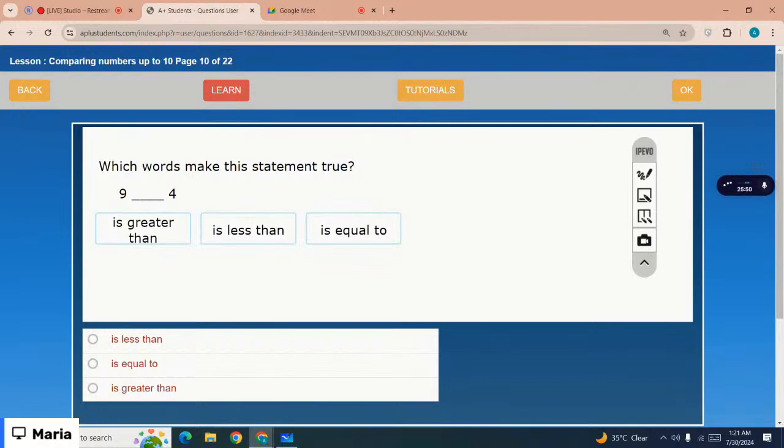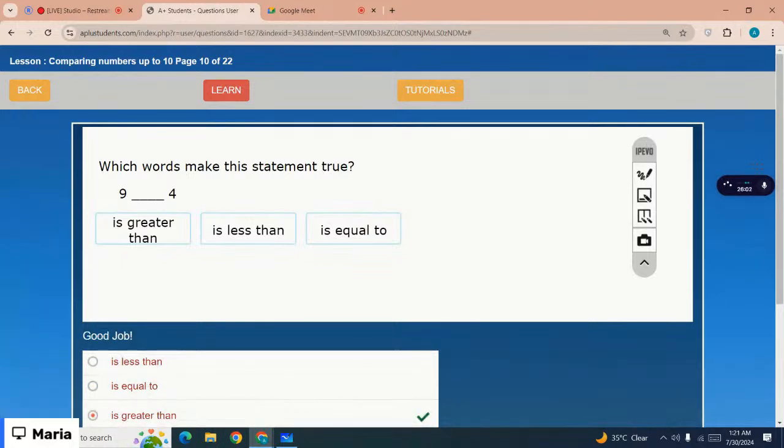Very good. 9 is greater than 4. When you count, you have 9 after the 4. So that's why 9 is greater. The option is greater.